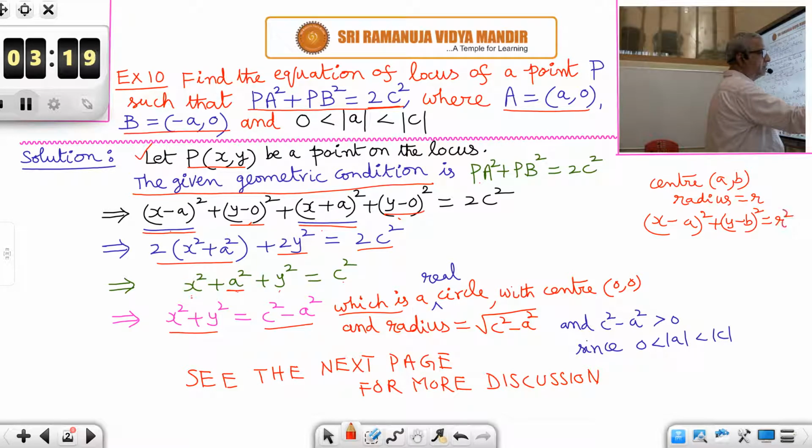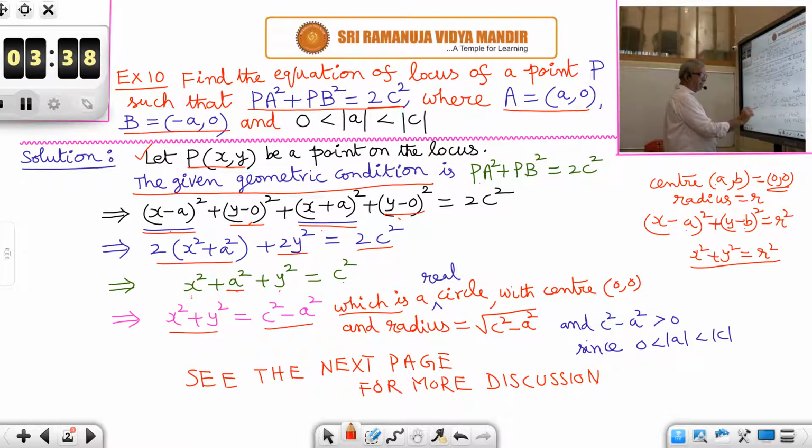But if the center is (0, 0), what happens to the equation? Put a equal to 0, b equal to 0, you will get simply x square plus y square is equal to r square. So, x square plus y square is equal to r square is a circle with center (0, 0) and radius r.